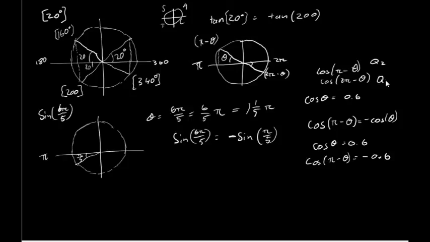So that's in Q4, and Q4 has positives for cos. So I can say cos of 2 pi take theta is going to be the same as cos theta. And we know that cos of theta is 0.6, so it's just 0.6.